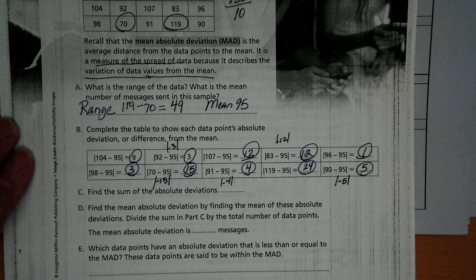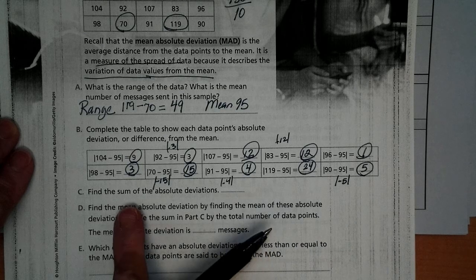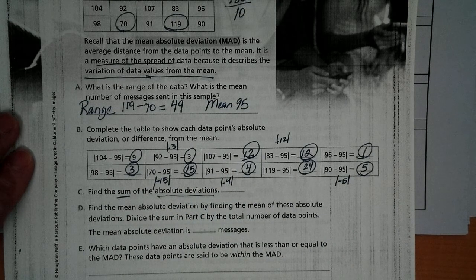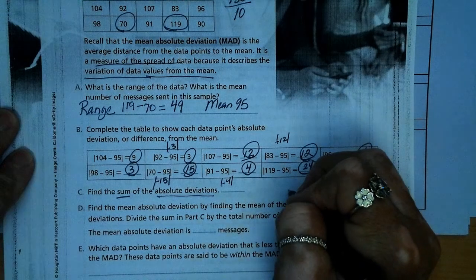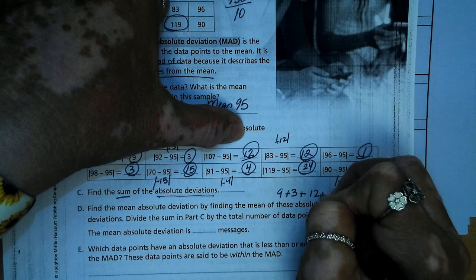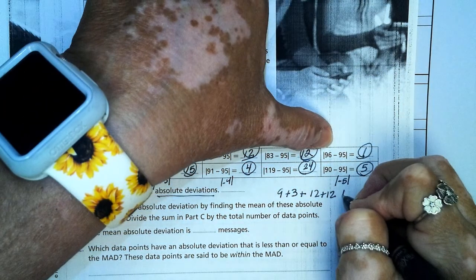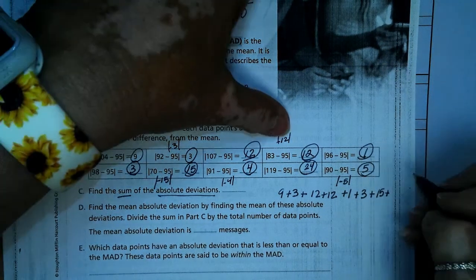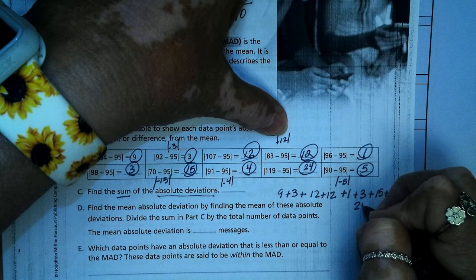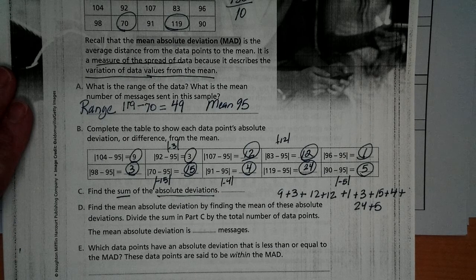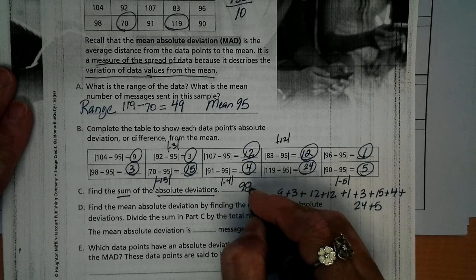All right, so when we do mean absolute deviation, we have to take the sum of all the absolute deviations. So we're going to add 9 and 3 and 12 and 12, 1, 3, 15, 4, 24, and 5. You're going to add all of that together, and when we do that, we get 98.